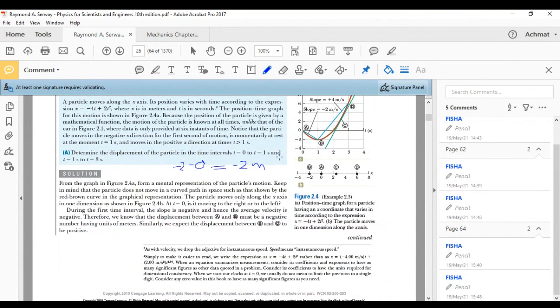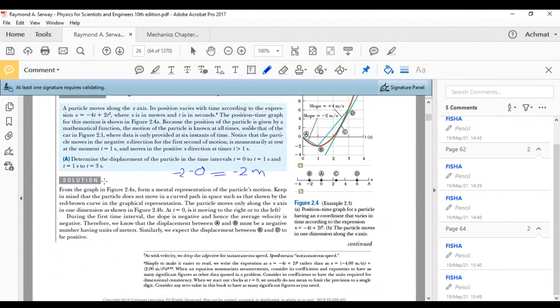And then what is next? There's another one there, from 1 to 3 seconds. So look at the graph. You have to look at the values on the graph. So the initial time is 1 second, and the final time is 3 seconds.